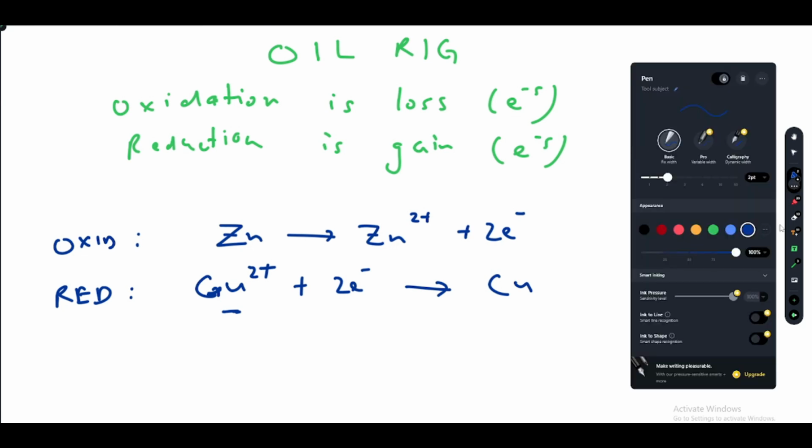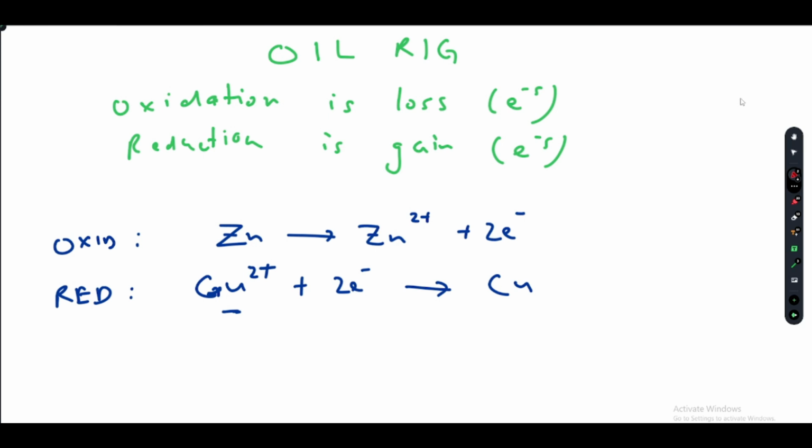However, there's further terminology that we need to know when it comes to dealing with redox reactions. We're expected to know that the substance, the reactant that is being oxidized, is given a special name. We call this the reducing agent.